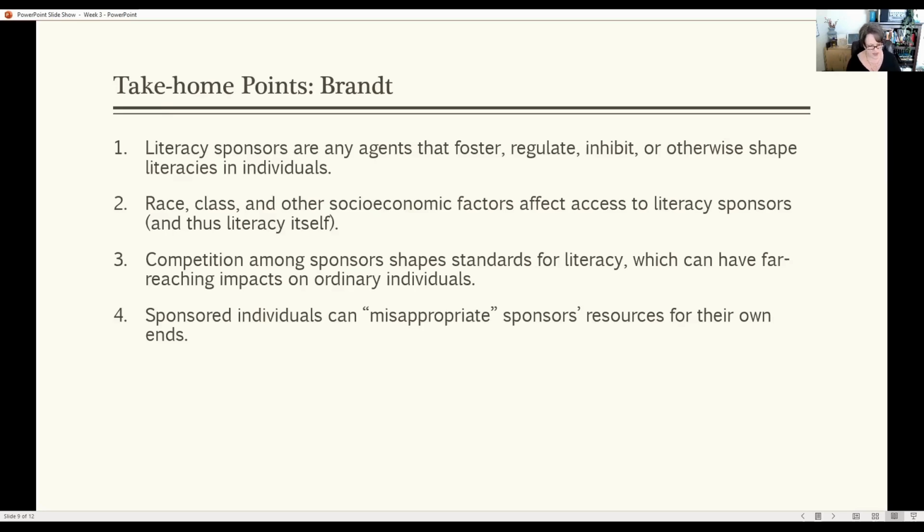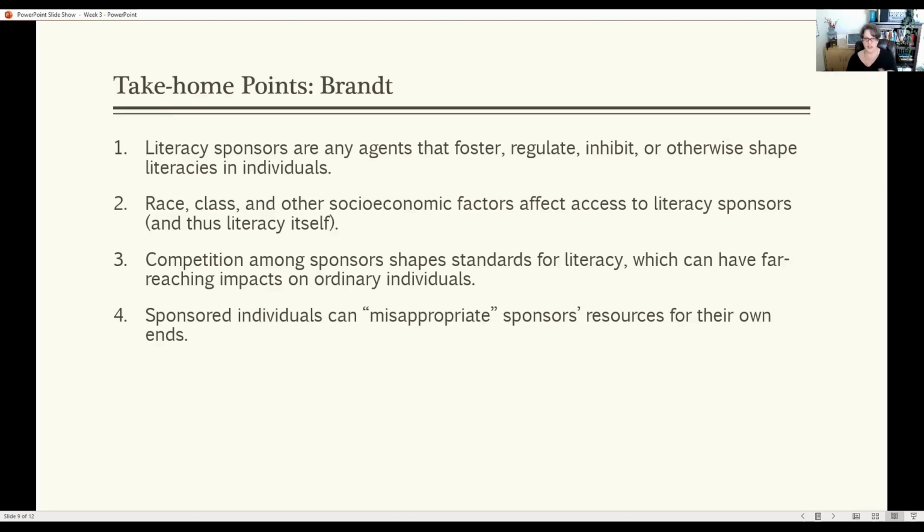So I want you to think about this idea of competition. You grow up with a certain group of people who may have certain ideas about literacy, reading, education, that kind of thing. And then you go away to college and you're in a different group of people, and suddenly they have different ideas of literacy and education.